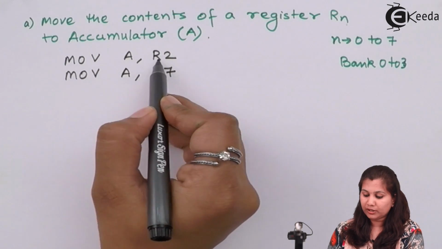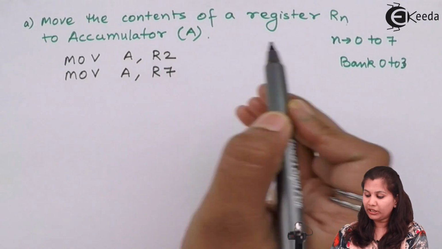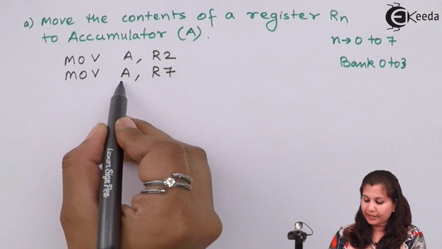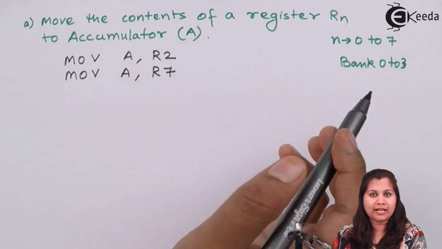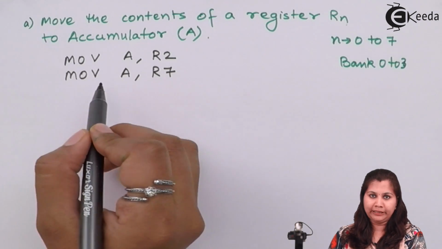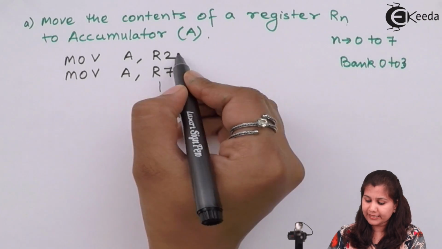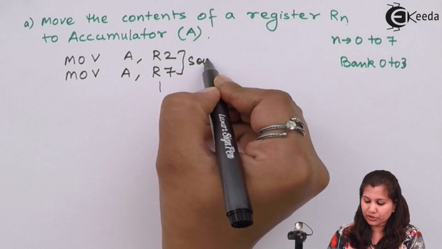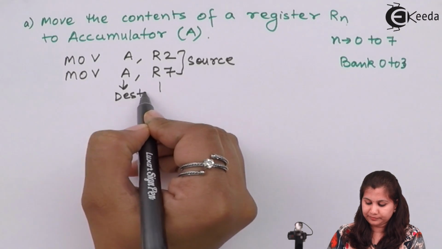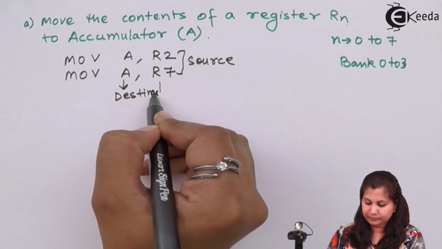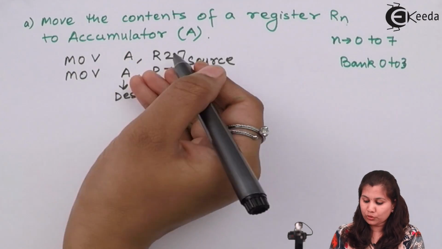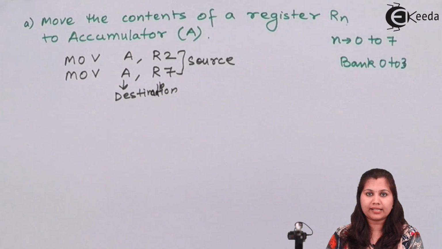Here the contents of register number 2 of that selected bank will be copied to the accumulator, and here the contents of register number 7 of that selected bank will be copied to the accumulator. So here R7 and R2 are the source and the accumulator is the destination. From source to destination, the contents are copied.